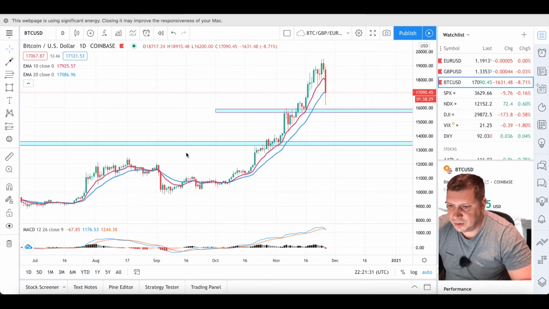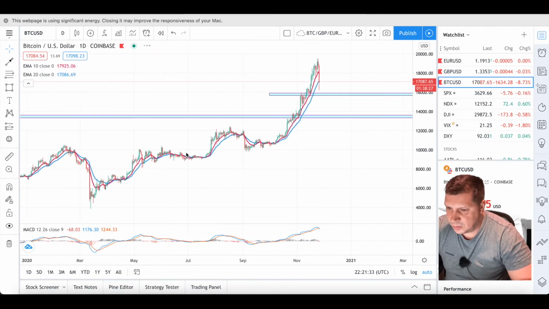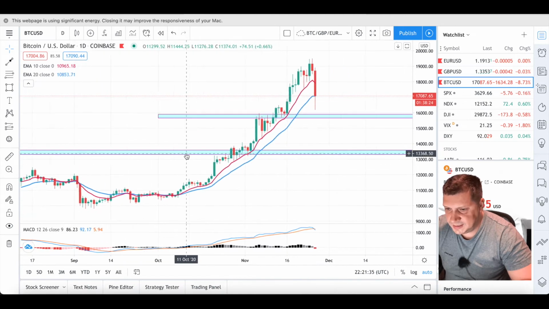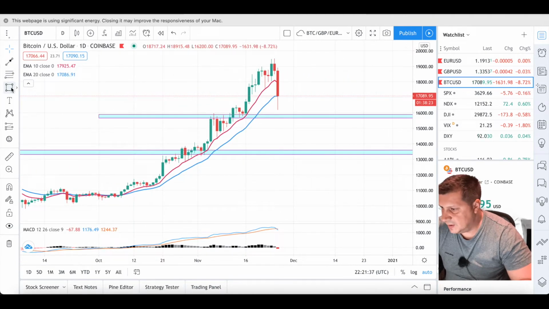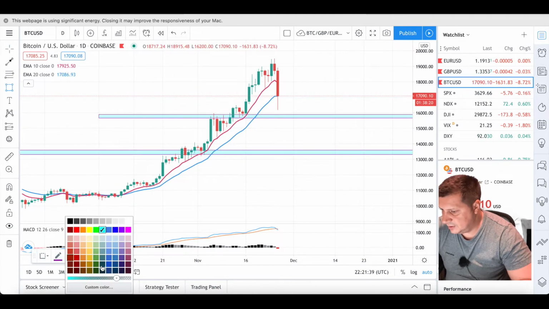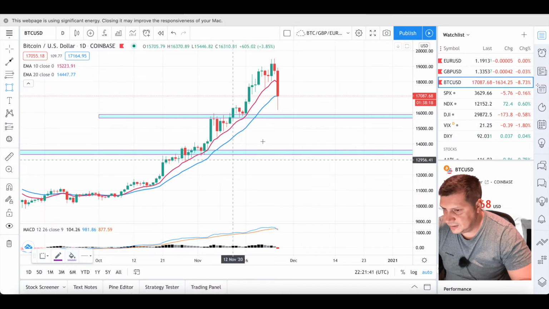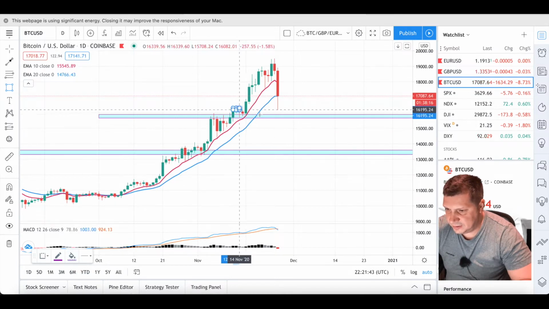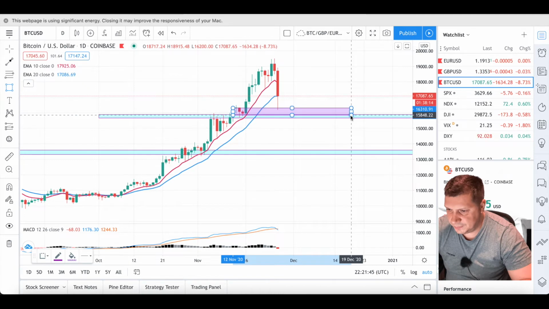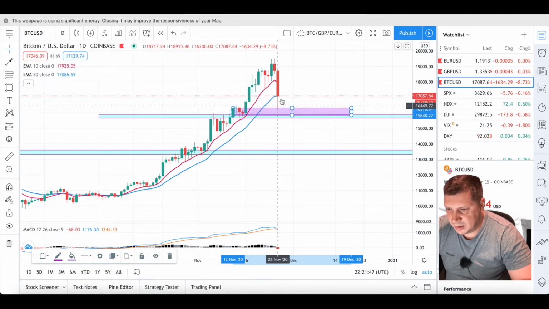So when we go to daily, we can see that at this area right here, and I will put it in a different color, let's do like this, we have another area of support, which right now is rejecting Bitcoin up.